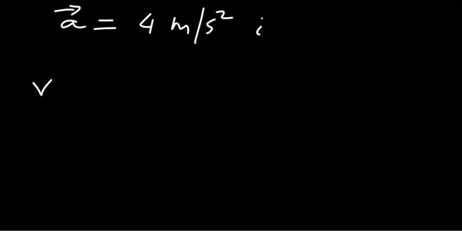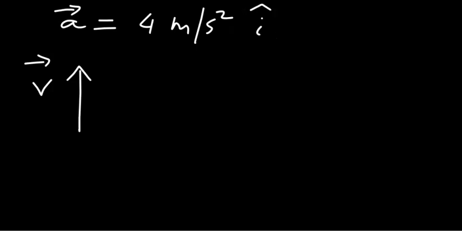Let's take a closer look at this process. If the acceleration is, let's say, 4 meters per second squared, we just told you the object is speeding up. What does that mean? Let's say the acceleration is rightward. So the velocity is increasing steadily with respect to time in the same direction.